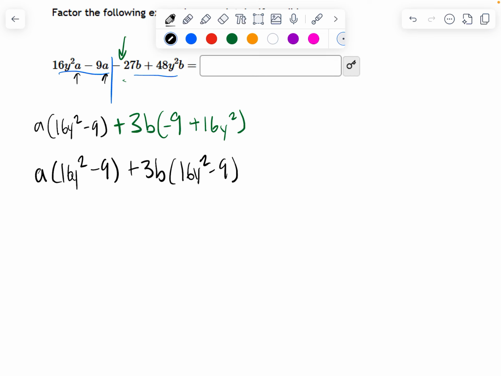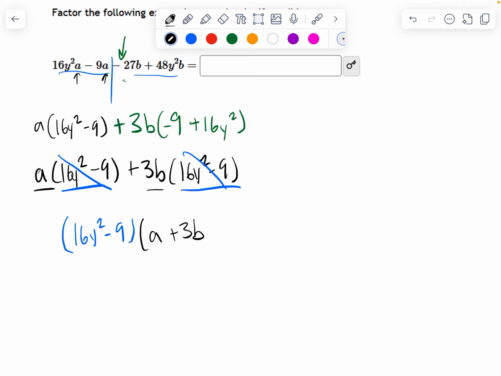So the next step is to say, okay, one final GCF, 16y squared minus 9 is the same between both parentheses, so we're going to pull it out. When we do pull the first parenthesis from the first term, that takes out our parenthesis and leaves the a. When we pull it out on our second term, yay, it leaves that 3b. There we go. Now we factored by grouping.